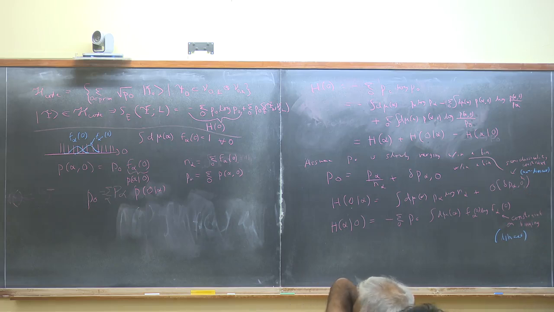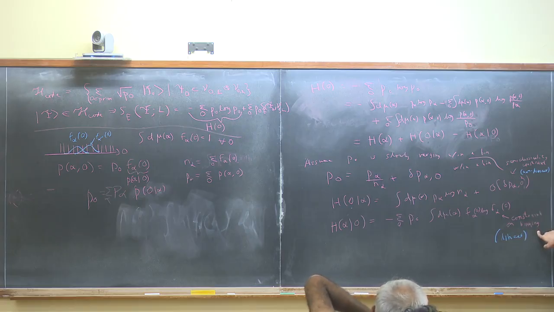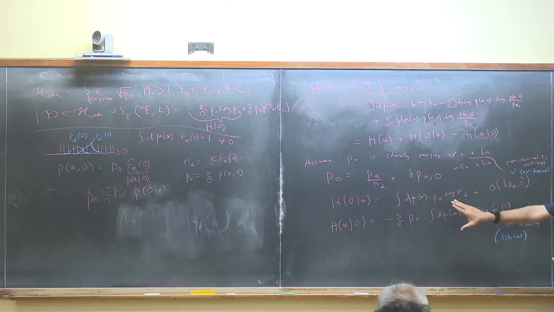What I wanted to emphasize was this constraint is not linear, because it's quadratic in the probability. This constraint on my apparatus is a linear constraint. You could imagine that you could impose this at the level of a code subspace.